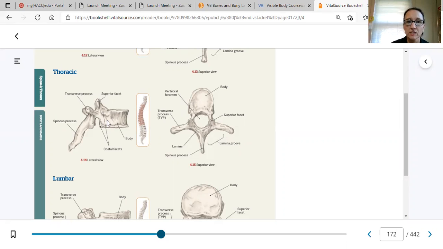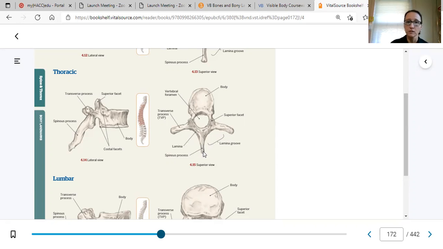Okay. So we have these nice long transverse processes here. And then you can see on this part, anterior to the transverse processes are the costal facets. Costal meaning ribs. So this is where the ribs are going to attach. Okay. Sort of more on the body or closer to the body of the vertebrae. Nice long spinous process, lovely lamina groove.